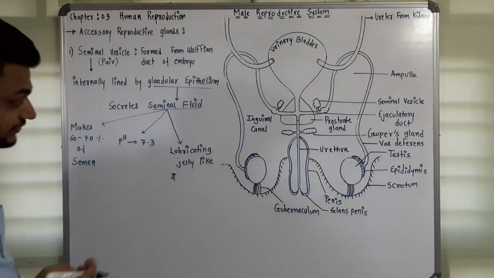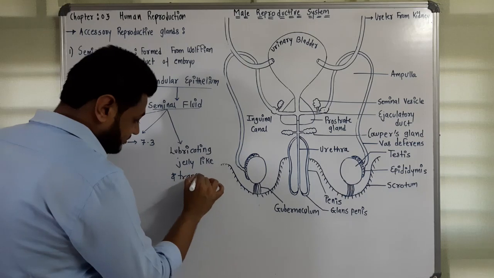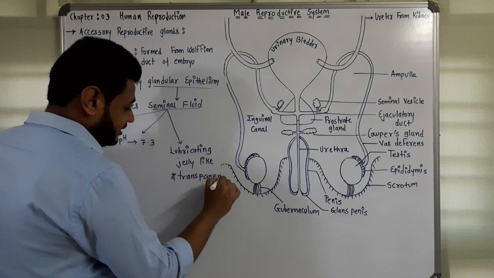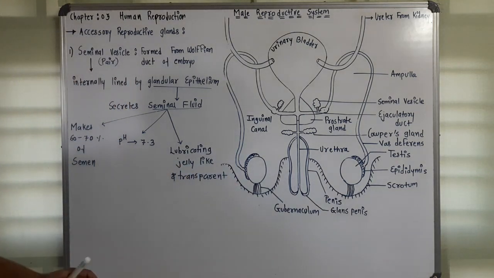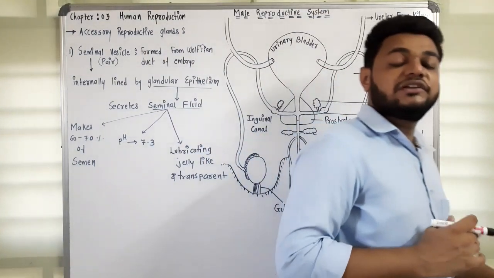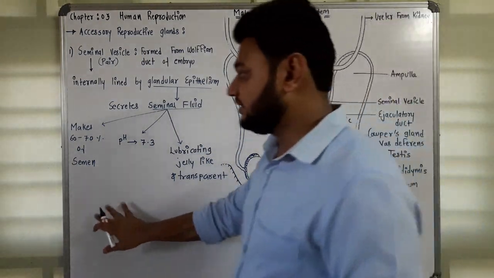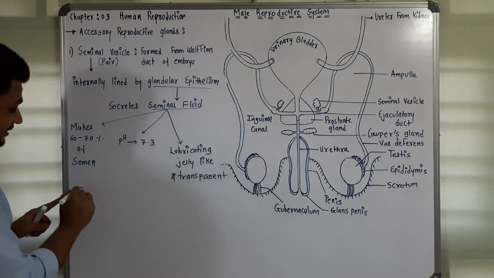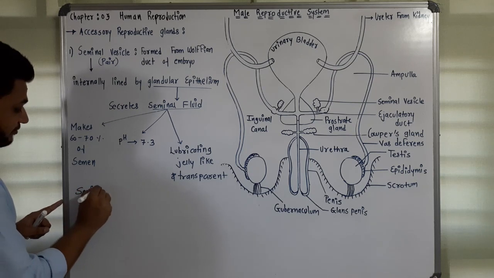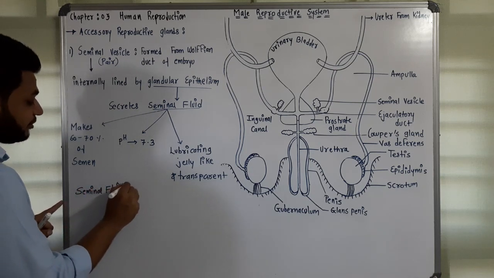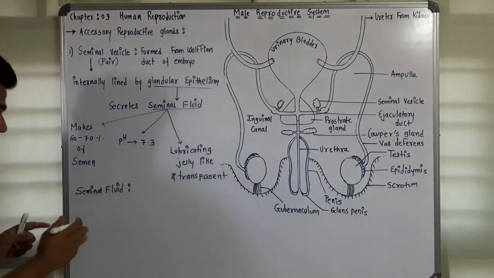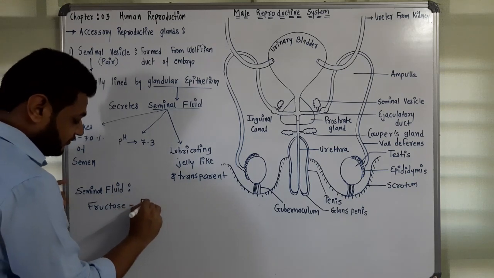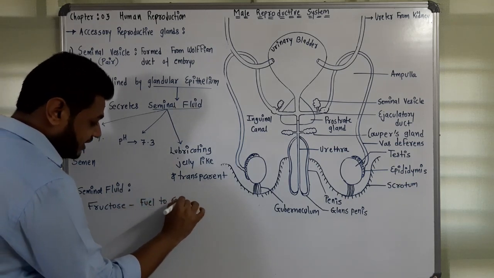Its pH is somewhat alkaline, 7.3, so this also helps to neutralize the vaginal acidic medium. The composition mainly includes fructose, which acts as fuel for sperm, that is, it provides energy.